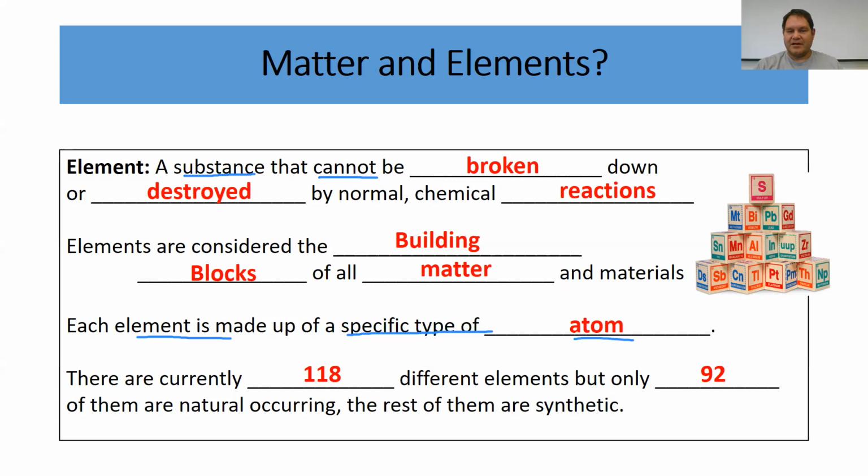The rest of the elements are synthetic. They are made by us in a laboratory setting using sophisticated equipment, essentially, okay? But 118 known elements, 92 of them are naturally occurring, okay?